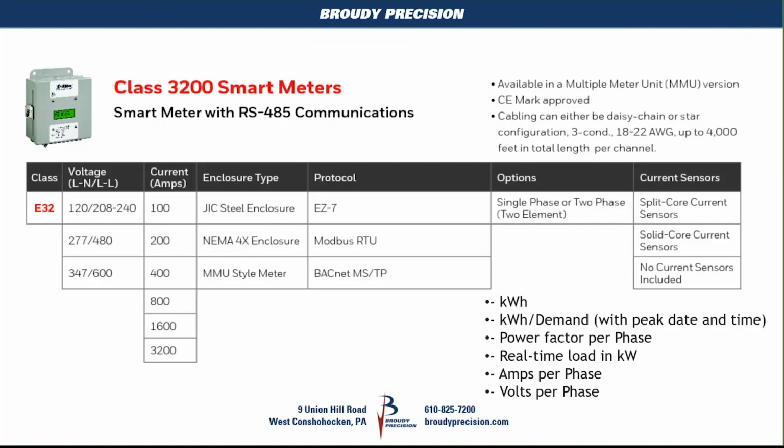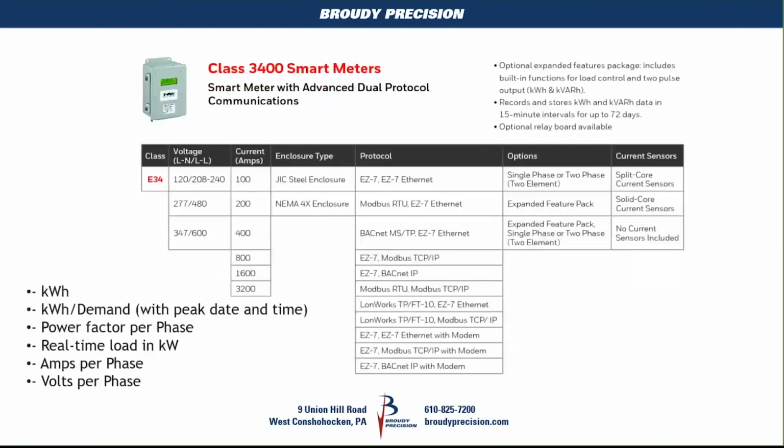The next meter is the 3400 E-Mon, and you can see that has dual protocol. And I believe this particular meter also offers Ethernet, yes. And it does, let's see. This is just Ethernet. I don't think it does 485.